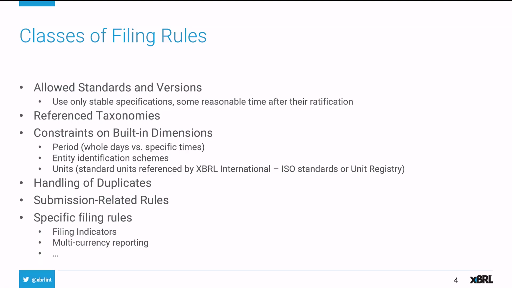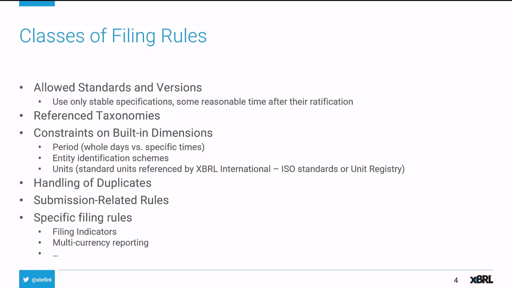For example, only big banks have to report some detailed information. So for the report related to this detailed information, you have a filing indicator, and you define whether you report this information or not. And these filing indicators are very important for the checks in the XBRL formula to avoid any issues.